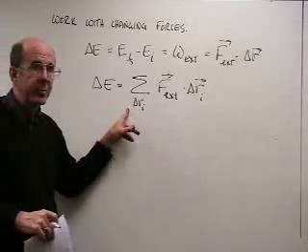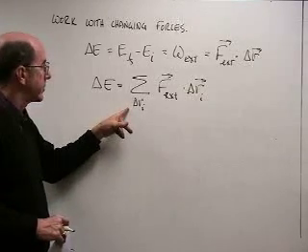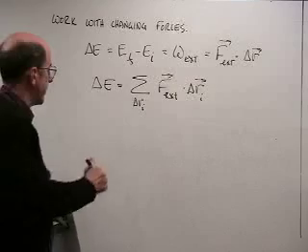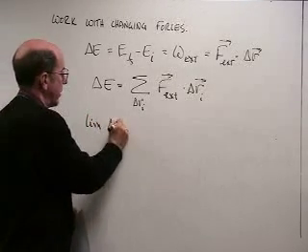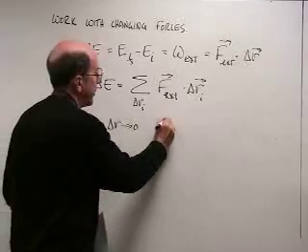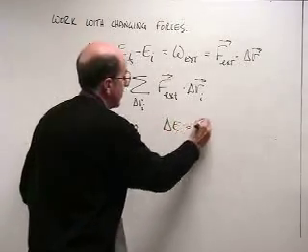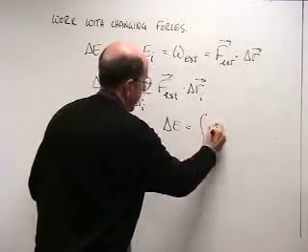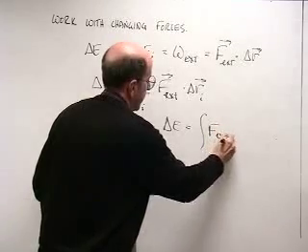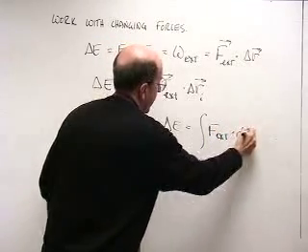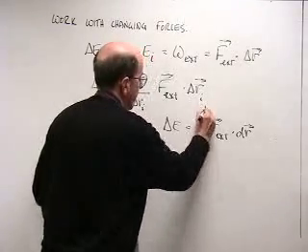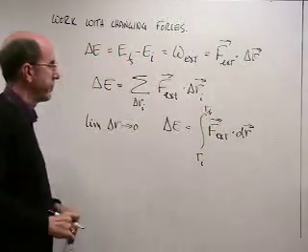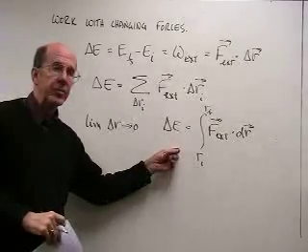Whenever you do a sum, you're starting to look at something that looks like integrals. In the limit where delta R goes to 0, we could write delta E is equal to the integral of F external dot producted with dr from the initial position to the final position. And this is a very useful way of putting it.